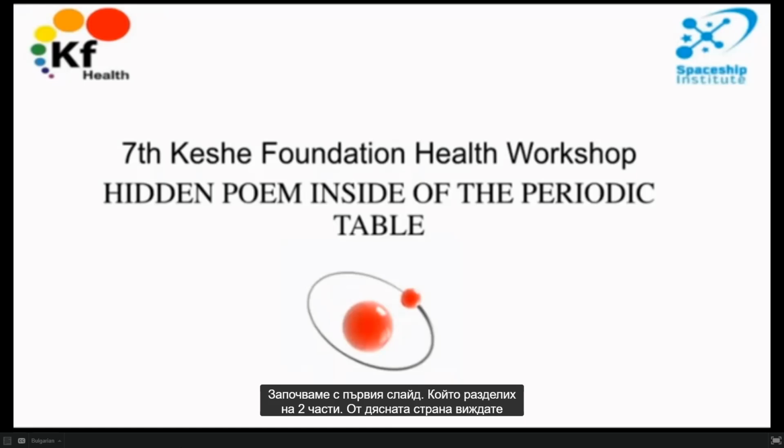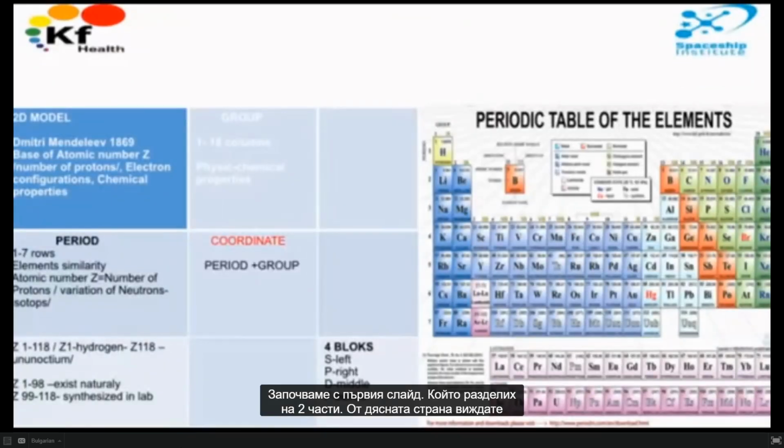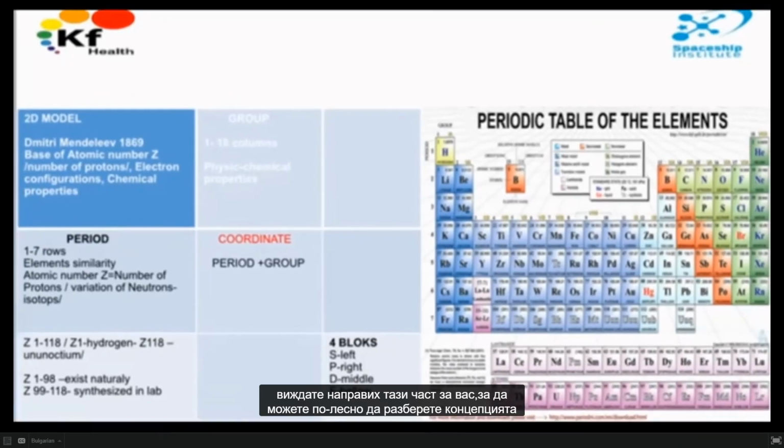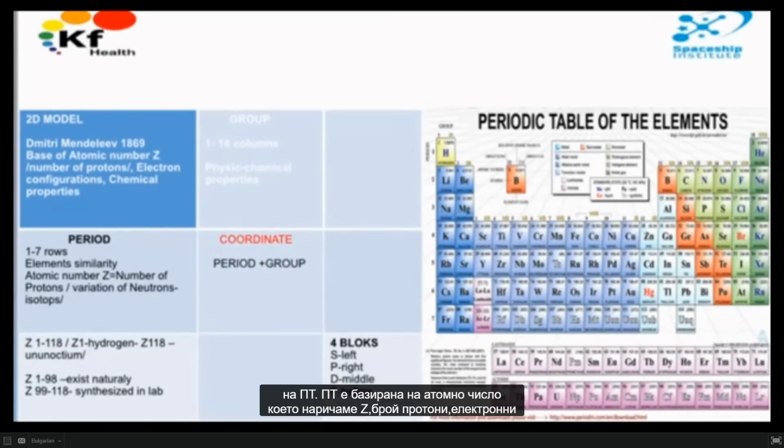On the first slide, I made two chapters. On the right side, you see the 3D periodic table of Dmitry Mendeleev, how he organized it. And on the left side, I made a chapter for easy understanding of the concept of the periodic table.